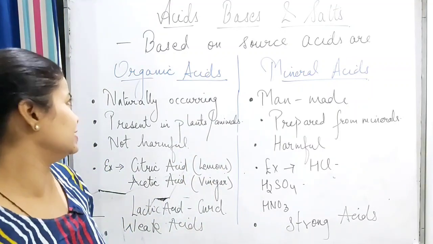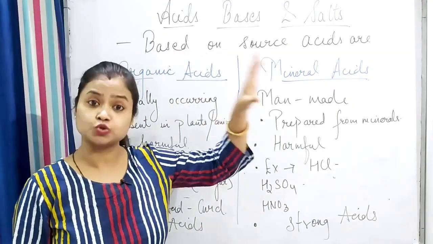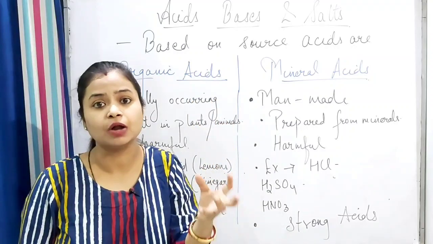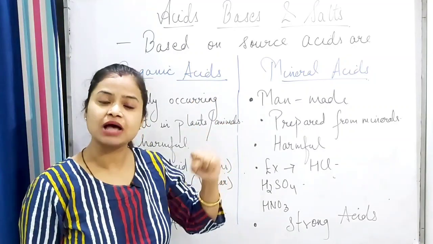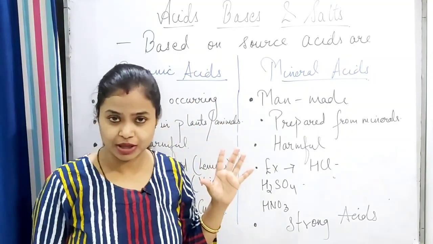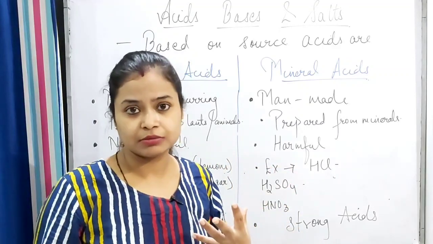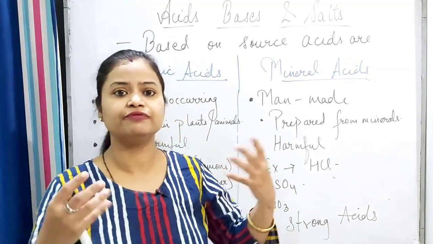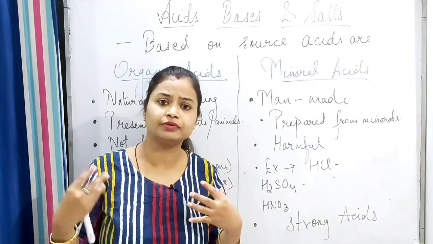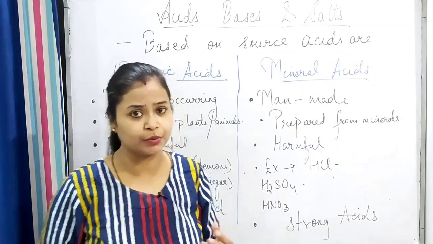Now see, based on the source, that is from where they are obtained, acids are of two types. Source means the different places or the different things from which they are obtained.